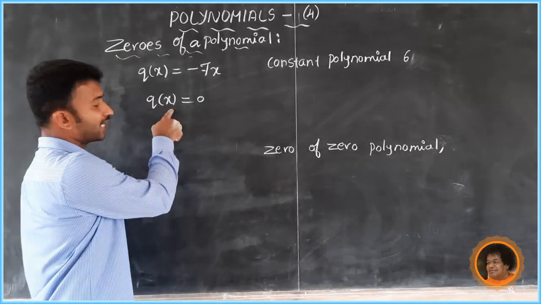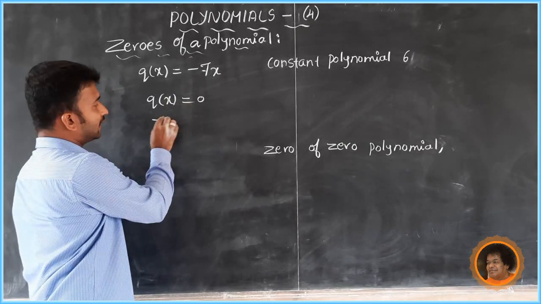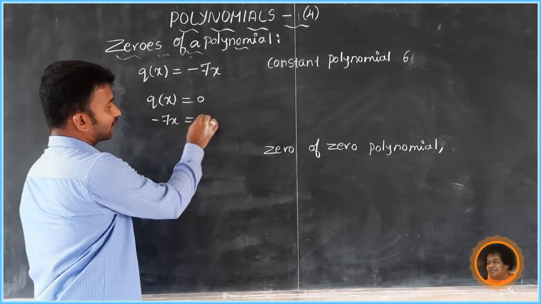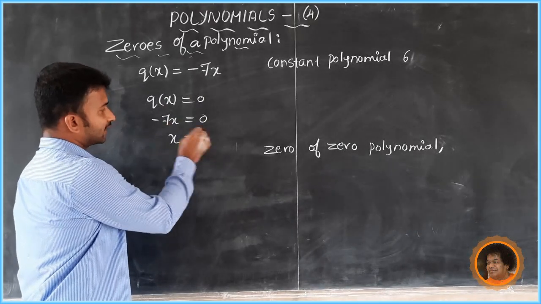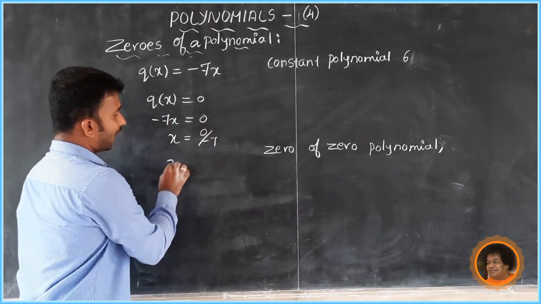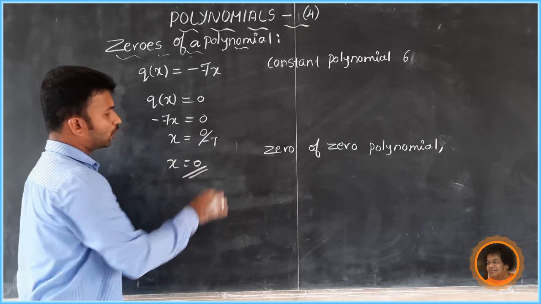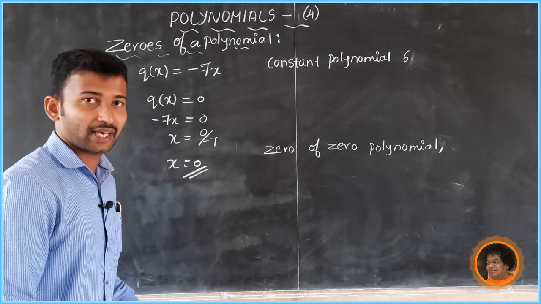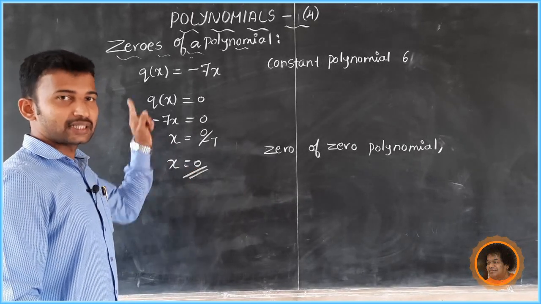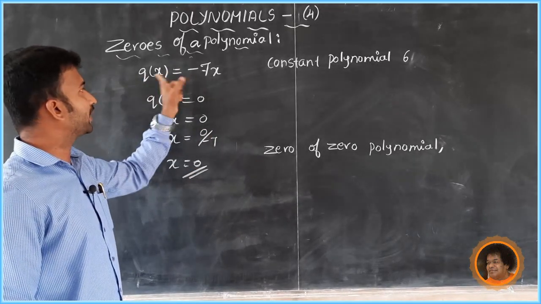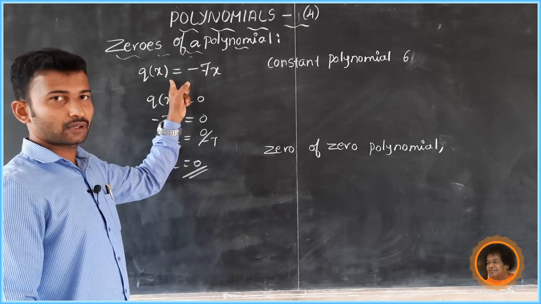What is q of x? q of x is minus 7x is equal to 0. Simplify, x is equal to 0 by minus 7, x is equal to 0. So we can say 0 is the zero of the polynomial q of x.